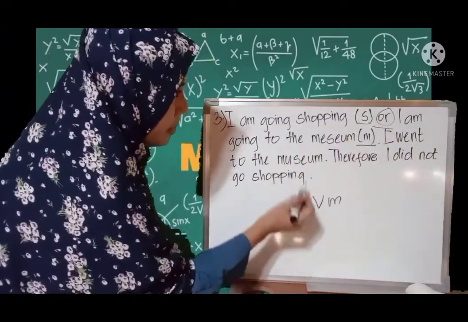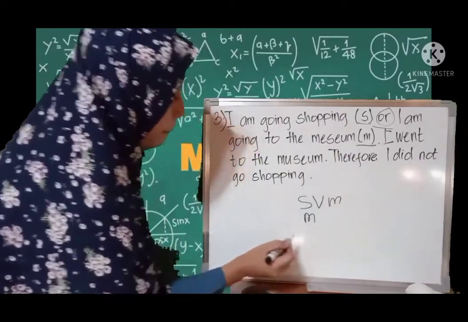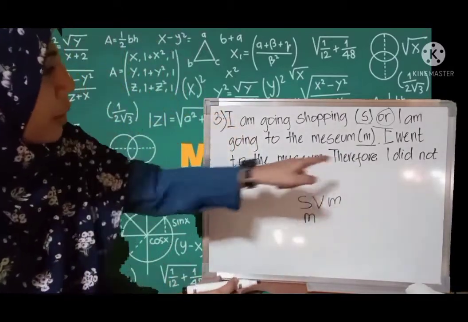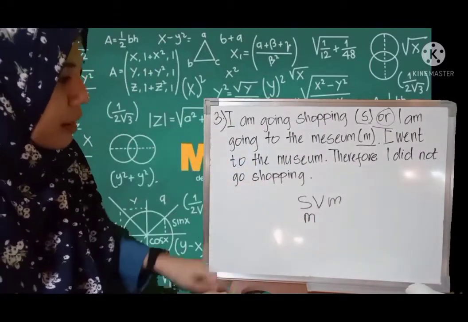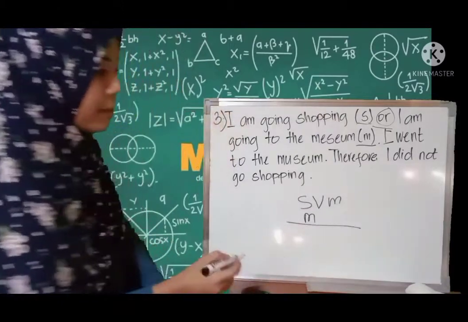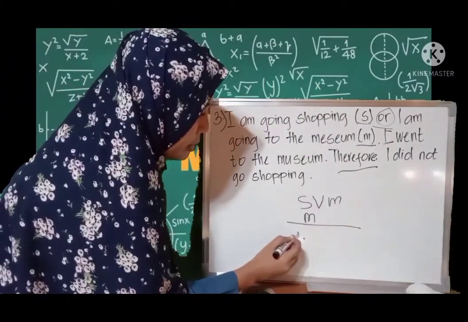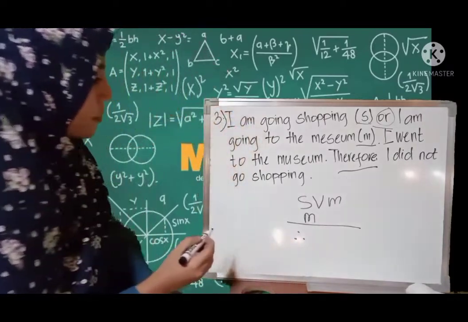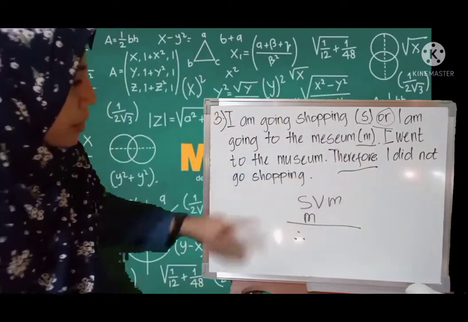So, M, I went to the museum. Therefore, I did not go shopping. Therefore, symbolize, did not go shopping.